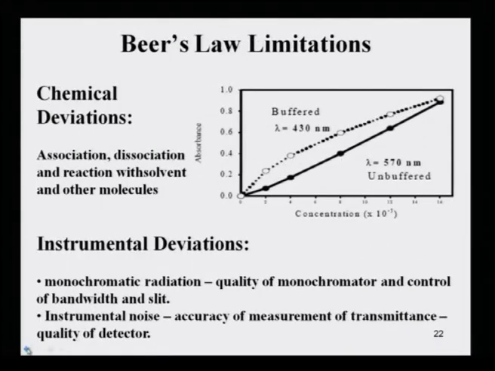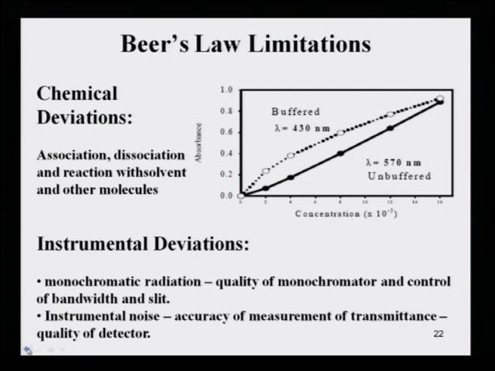Beer-Lambert's law also faces challenges when there are chemical deviations. Either the molecule is associated or dissociated, or reactions take place within the solvent, with the solvent and other molecules, like in buffered or unbuffered solution, then the instrument will not show correct data.